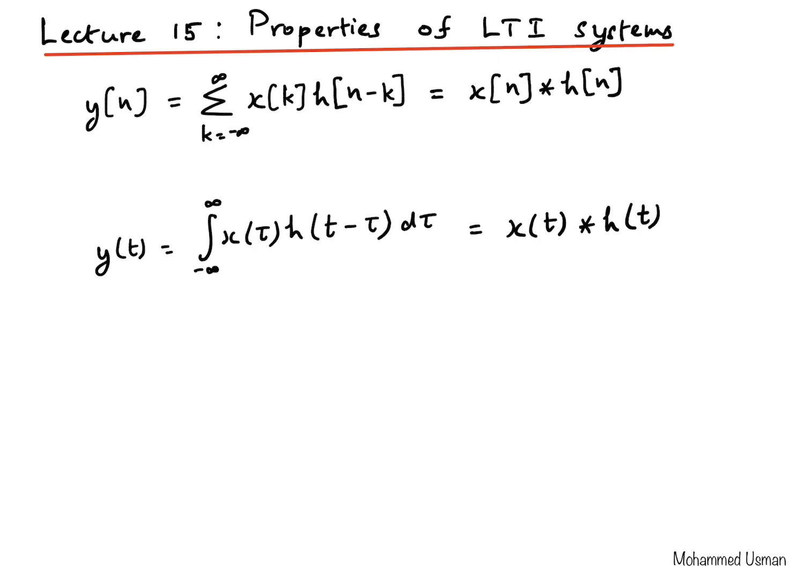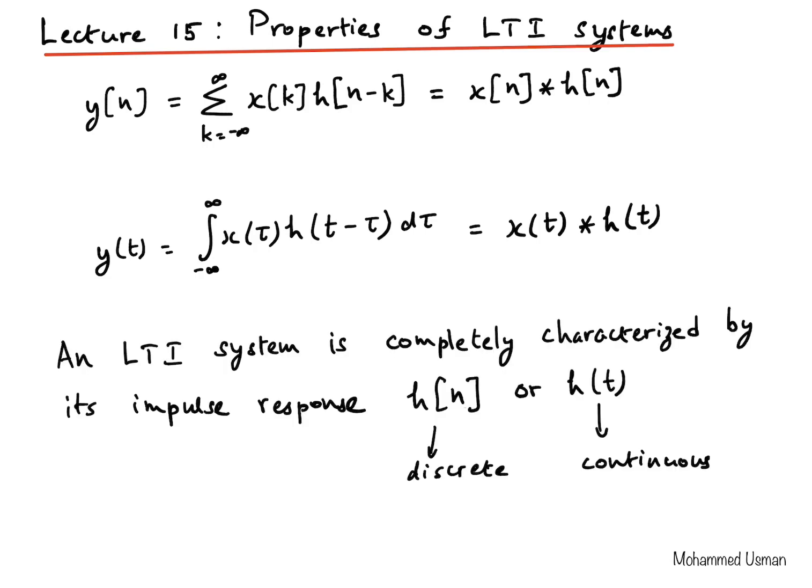And that applies only if the system is a linear time invariant system. So for an LTI system, if we know its impulse response, h of n or h of t, depending on whether it's a discrete time or a continuous time system, then that system is completely described by its impulse response. Okay, and that applies only if the system is a linear time invariant system. So that's the first observation that we see.